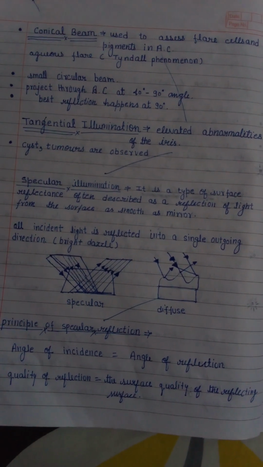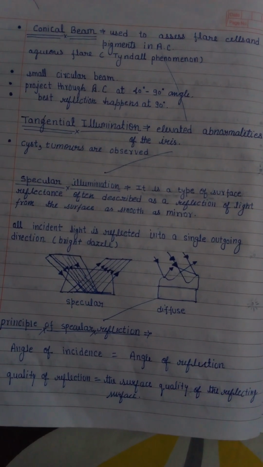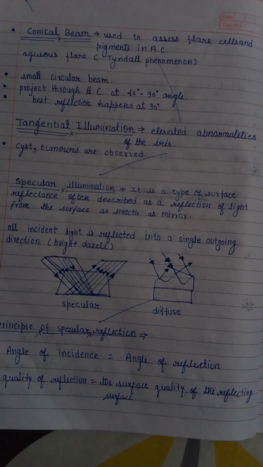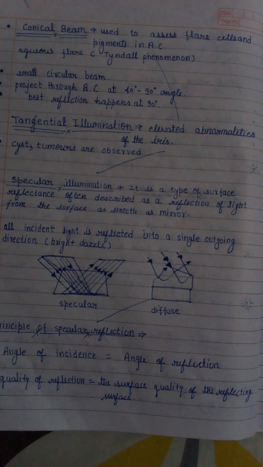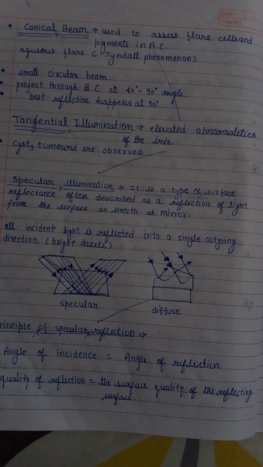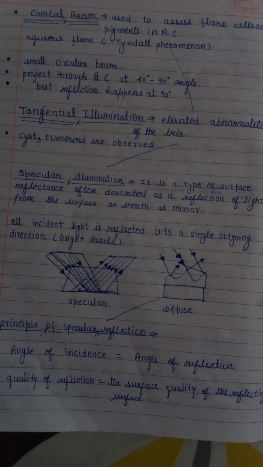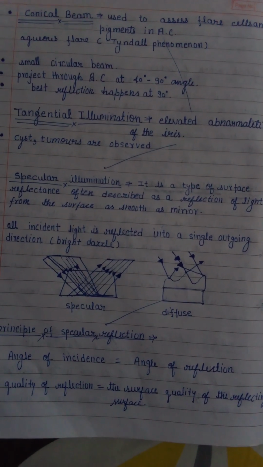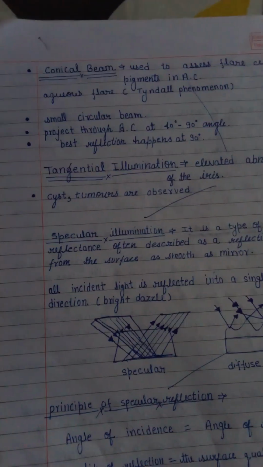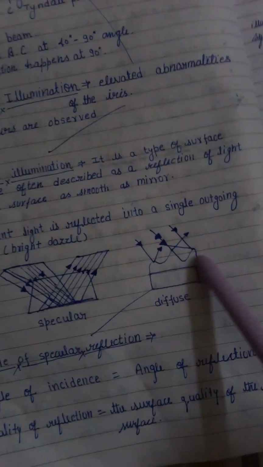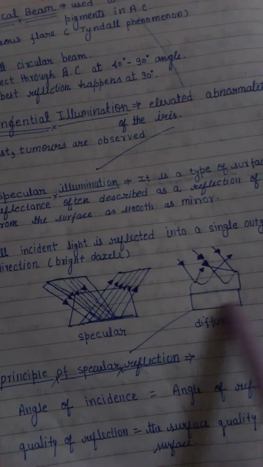Now the specular illumination. It is a type of surface reflectance often described as a reflection of light from a surface as smooth as a mirror. All incident light is reflected into a single outgoing direction, and we will get a bright dazzling glow. So in this image you can see the specular reflection, and this is the diffuse reflection.